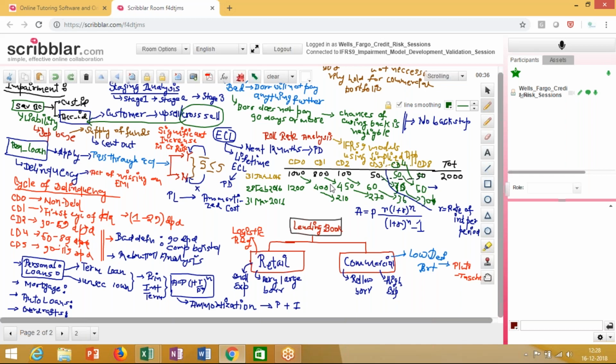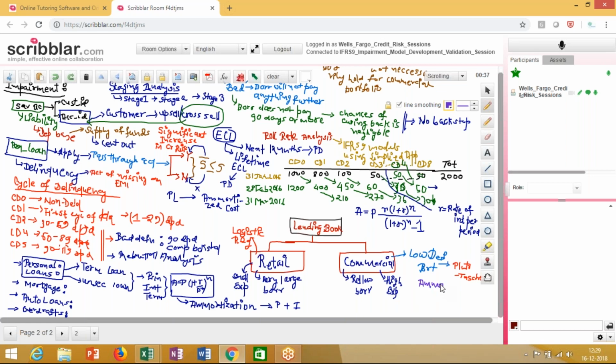We see that there are three broad types of assets which IFRS 9 talks about. One of those is assets at amortized cost. That is the one we talked about in the last class, where we did a lot of talking about amortization and amortization schedules. So the first is assets at amortized cost, or AC.